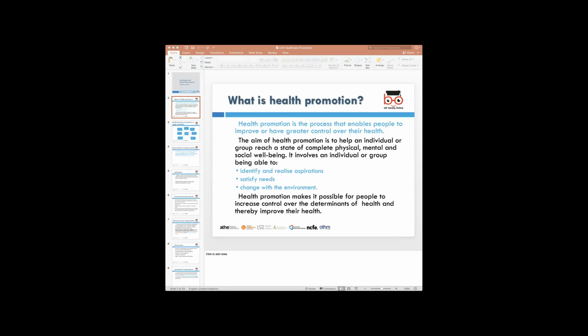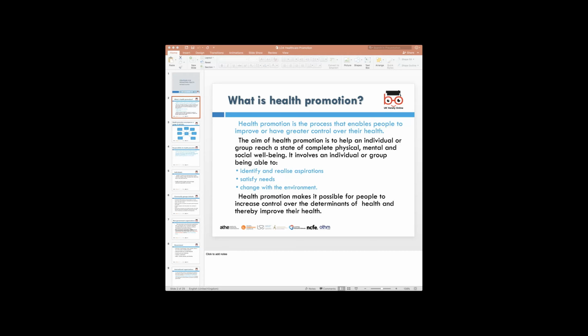is we are trying to basically share information or enable people, as you rightly said, to improve their health and their lifestyle. And what we want to be able to do with this process is increase the awareness of how people can have greater control in terms of their health or health-related conditions.